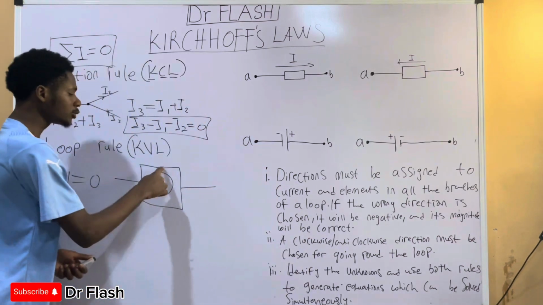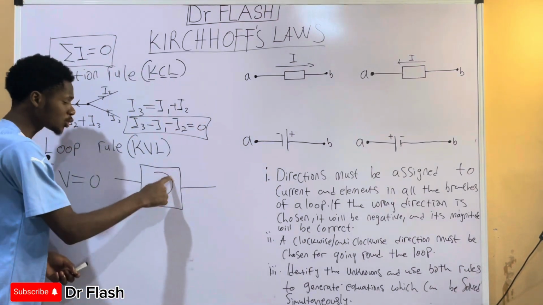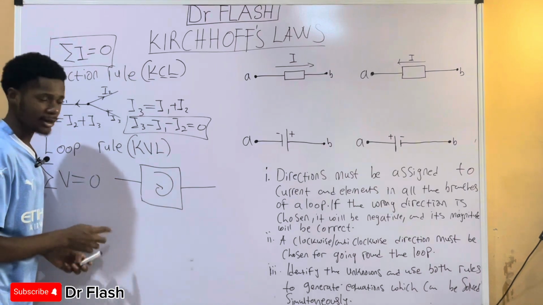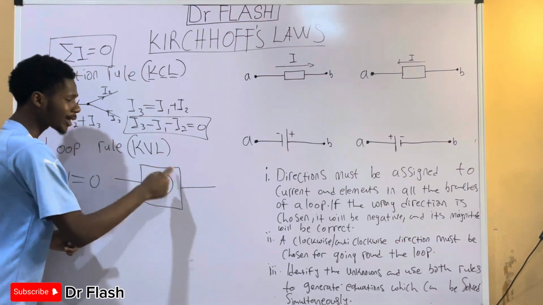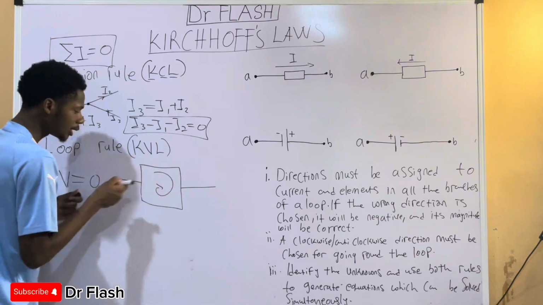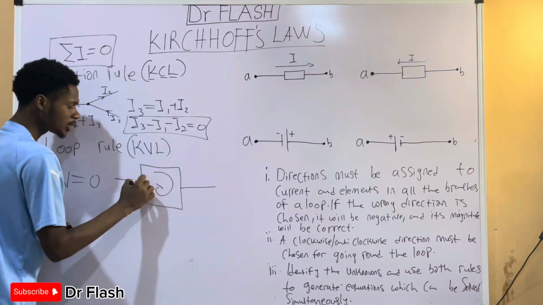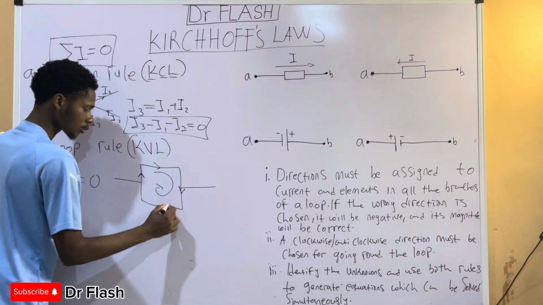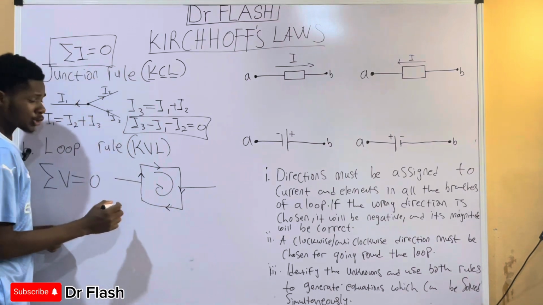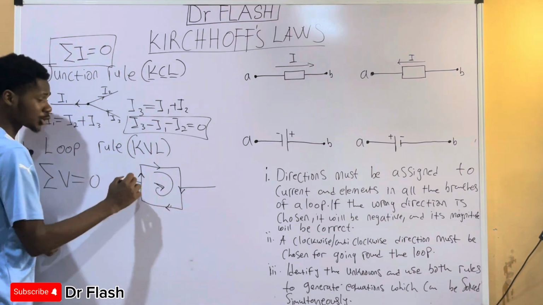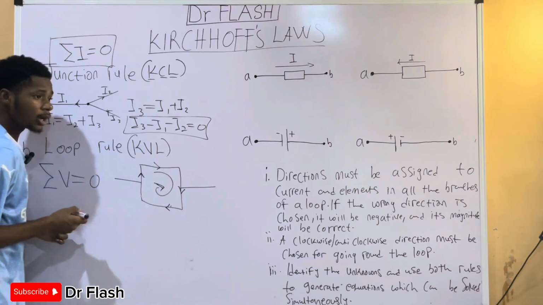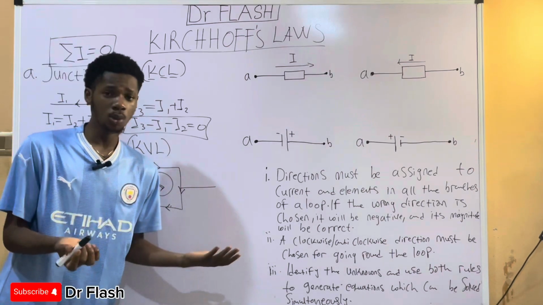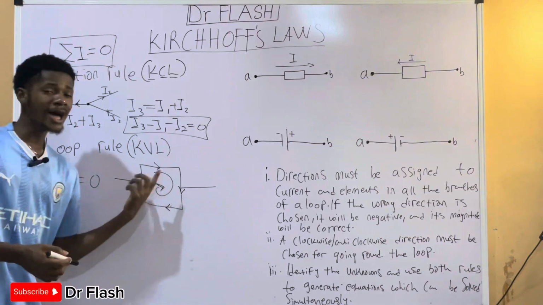Whenever we are going around a loop, in this case, this is the clockwise direction. By assuming the clockwise direction, we are assuming that the current is flowing through the loop like this, of which in real sense we cannot tell, we do not know, but we are assuming.